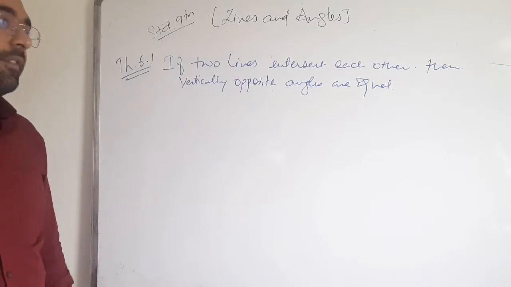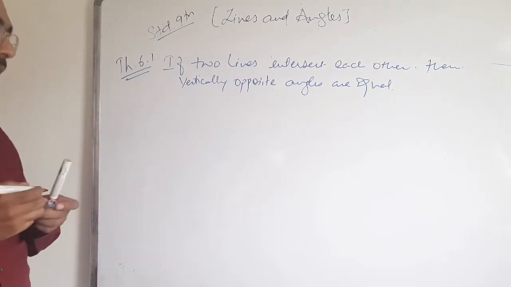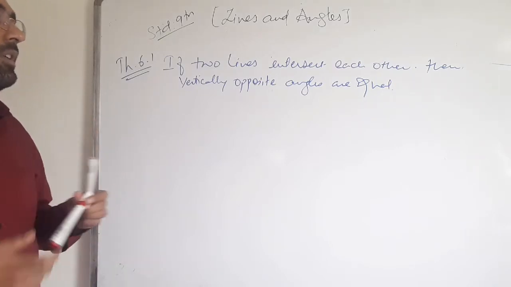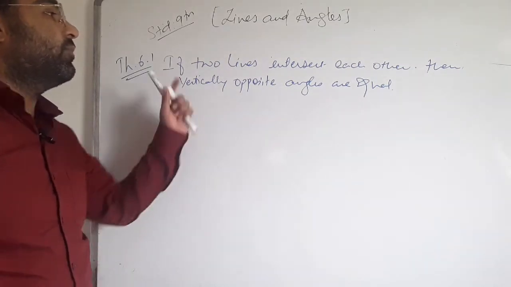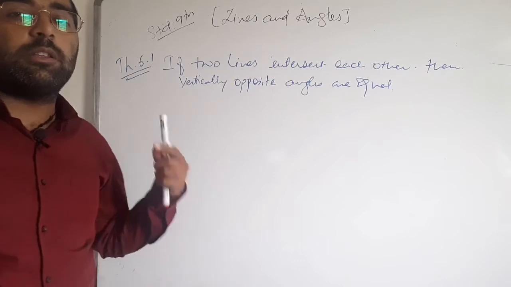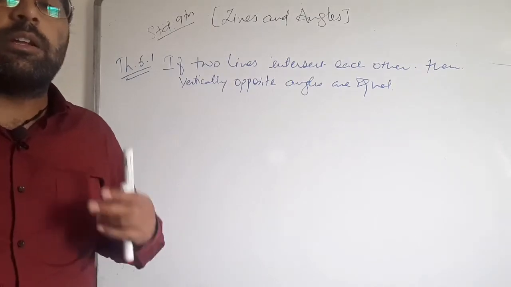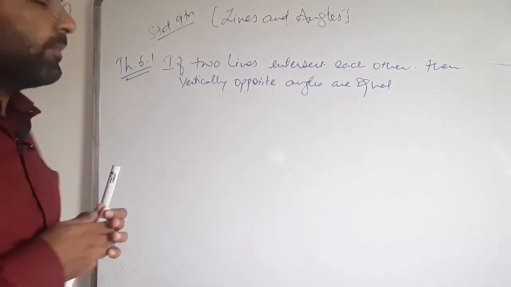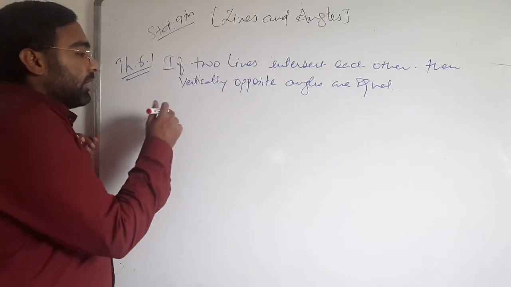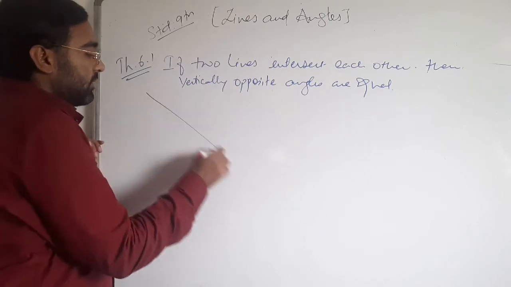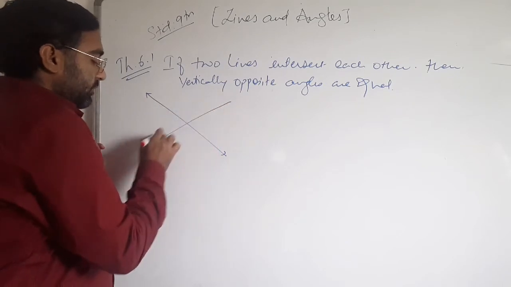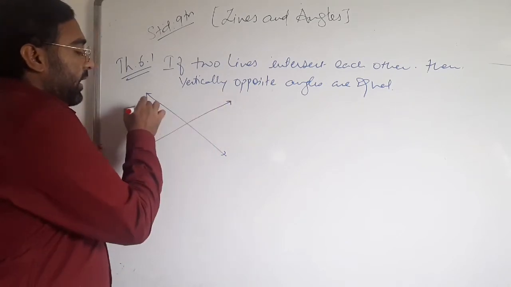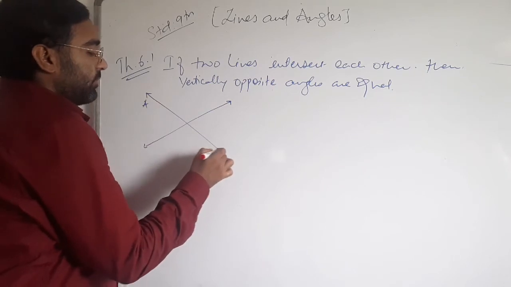We have to prove this theorem 6.1. For this theorem, what is given is that two lines intersect each other. In the question two lines are given, so I'll draw the two lines, and both lines intersect each other.